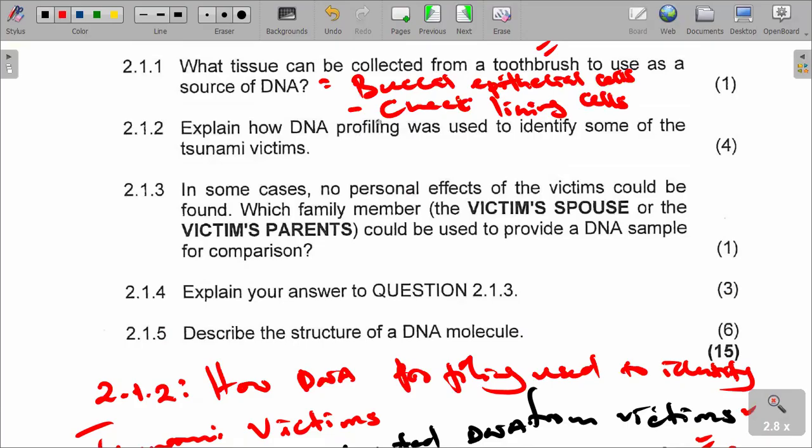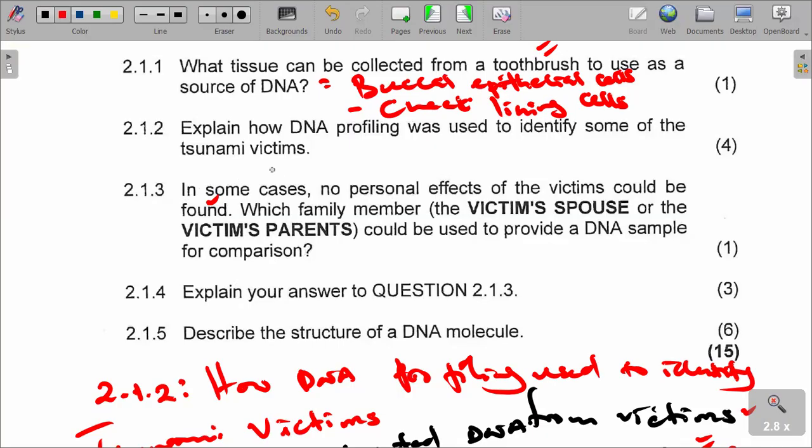In some cases no personal effects of the victims could be found. Which family member, the victim's spouse or the victim's parents, could be used to provide the sample for comparison?